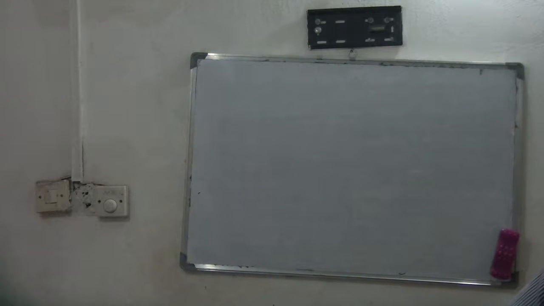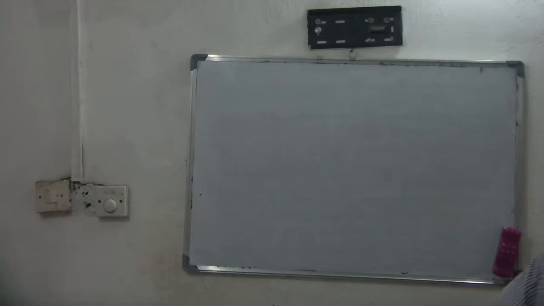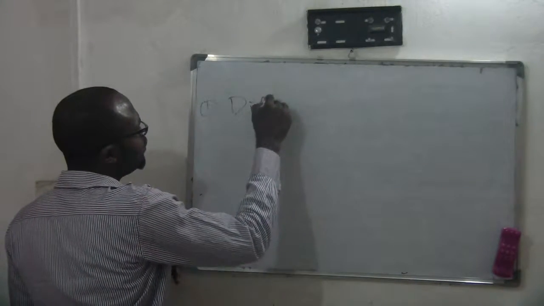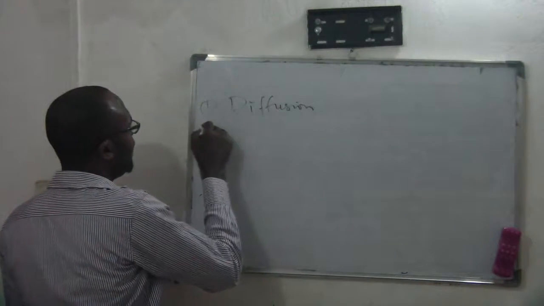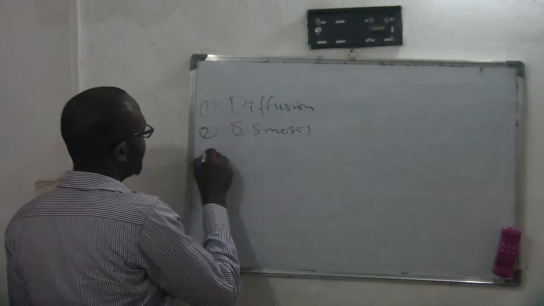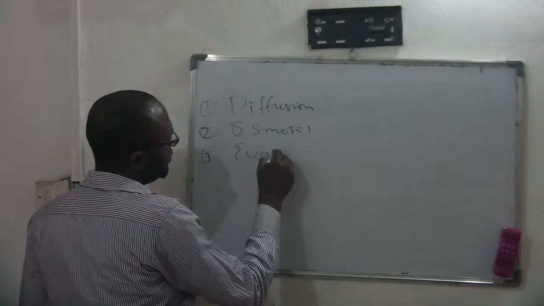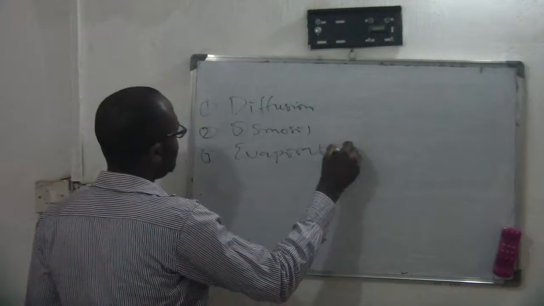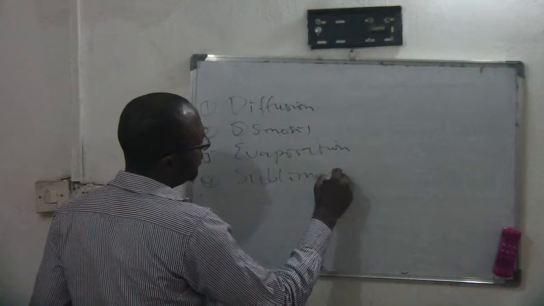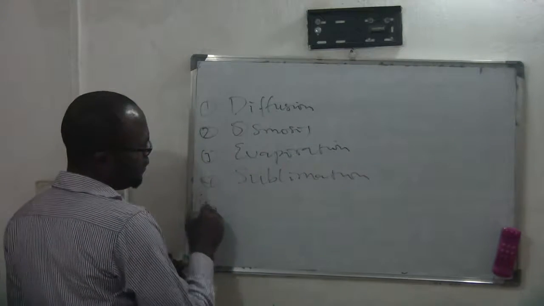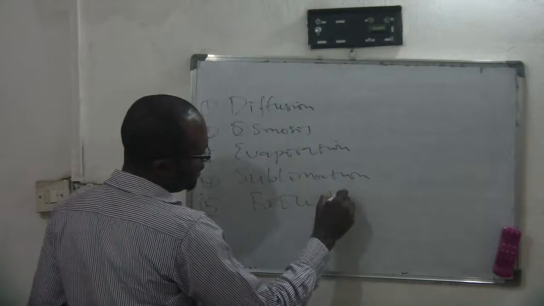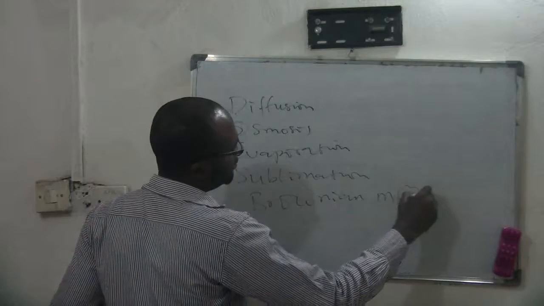Those phenomena are: number one, diffusion; number two, osmosis; three, evaporation; four, sublimation; and number five, Brownian motion.